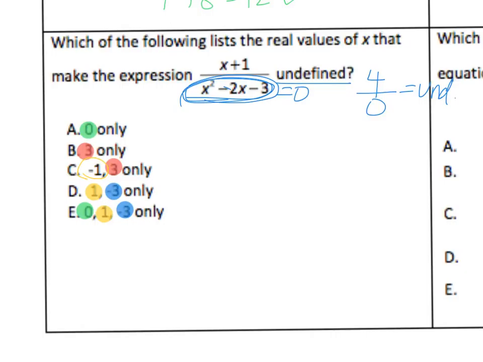So I'm going to test negative 1 first just because it's kind of the oddball and I'm curious to see, does this one not work? If this one doesn't work, then I can eliminate it, and I can probably eliminate the 3 too. But if negative 1 works, that's my answer and I'm done.